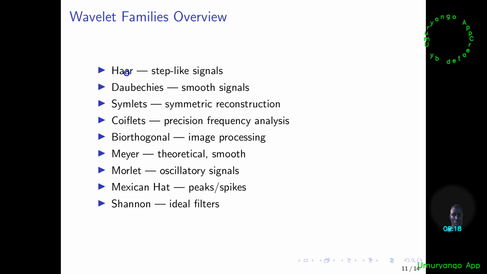The most important are, for example, Haar, which is the best fit to analyze step-like signals, Daubechies for smooth signals, Symlets for symmetric reconstruction, Wavelet for precision frequency analysis, and biorthogonal for image processing, Meyer for theoretical and smooth analysis, and Morlet for oscillatory signals, and the Mexican hat for peaks and spikes, or sharp bands. Shannon for ideal filters.